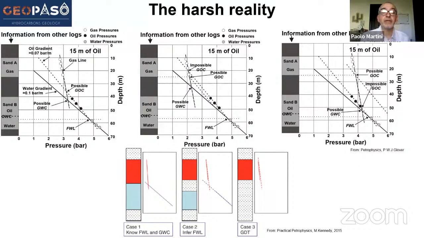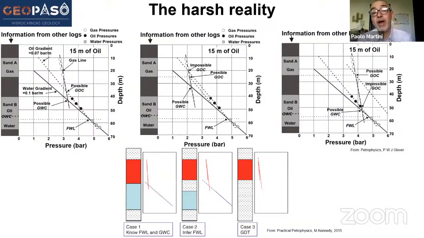Sometimes it's easy to do that. Sometimes you can only assume that two sands are in hydraulic communication, but you never have the certainty, at least not with pressure data, static pressure data. You will need the dynamic data for that.